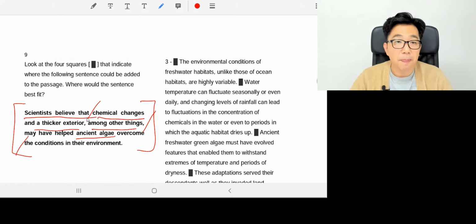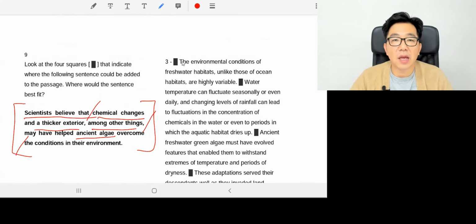So more specifically, the chemical changes. If the sentence above were like they evolved to overcome the condition, then this is more specific information, like chemical changes and thicker exterior as an example, to help them. Okay, so it can't be the first square, it makes no sense.